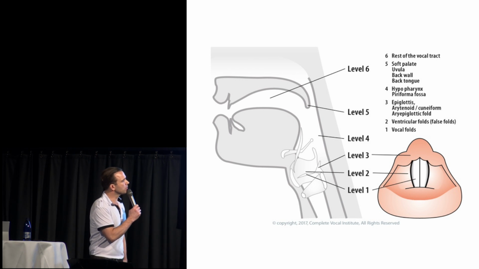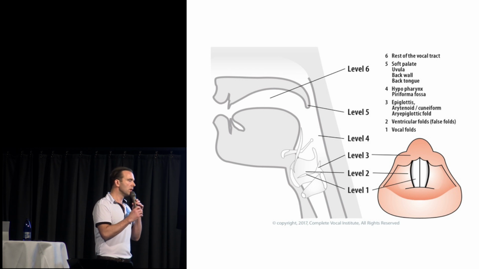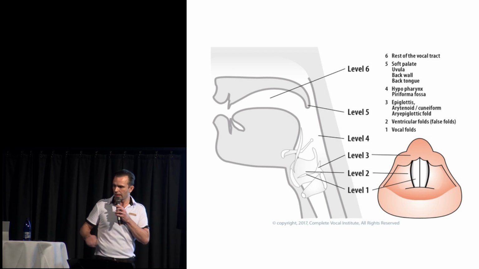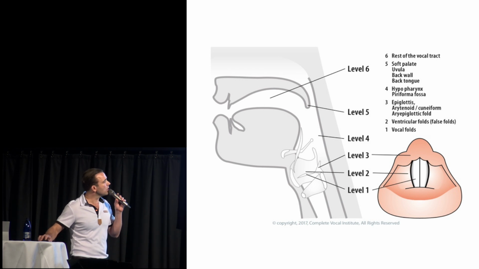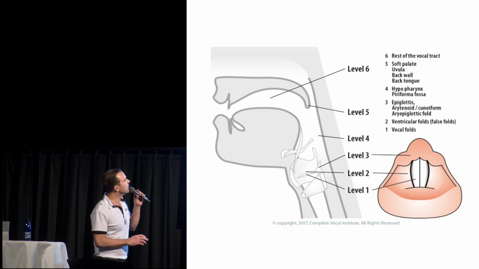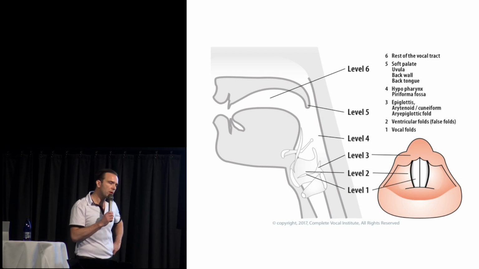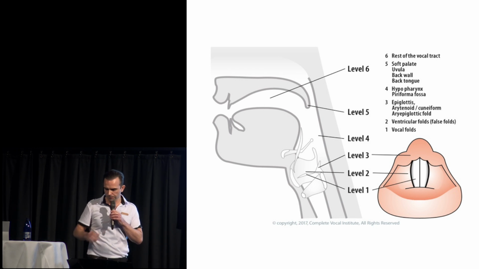This is sometimes more comprehensible for a singer that has never heard about what is going on in the vocal tract. The specific levels of interest today are pretty much level 1 to 4. I'm going to be referring to these levels.